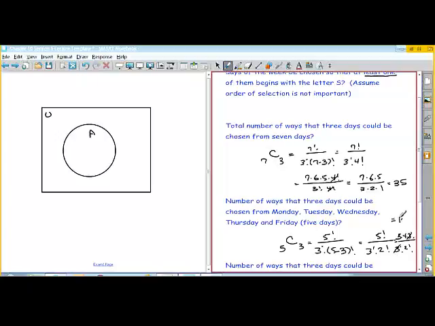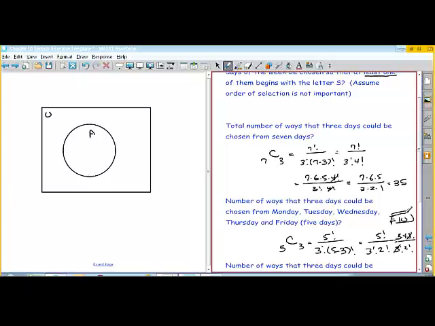And the ultimate answer, when I run out of space here, is 10. 5 times 4 is 20, divided by 2 times 1 is 20, divided by 2 is 10. Okay, so there are 10 ways that you can take the days that don't use S to find out how many arrangements those are.